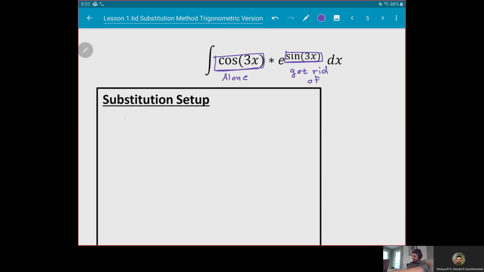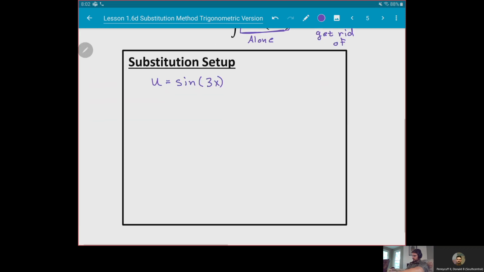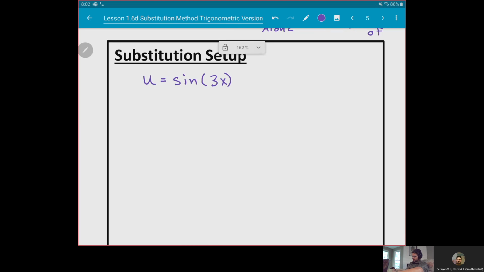Okay, so that'll give me u is equal to sine 3x. So now I can take the derivative of that, and that's going to be cosine 3x. And then I multiply by the derivative.